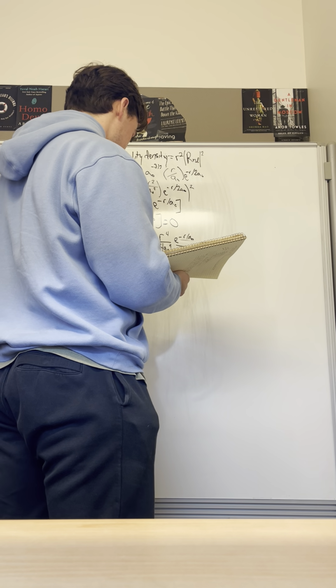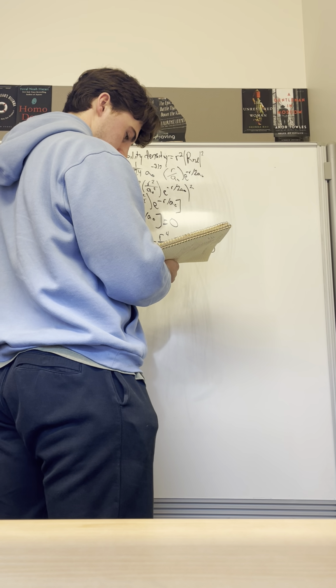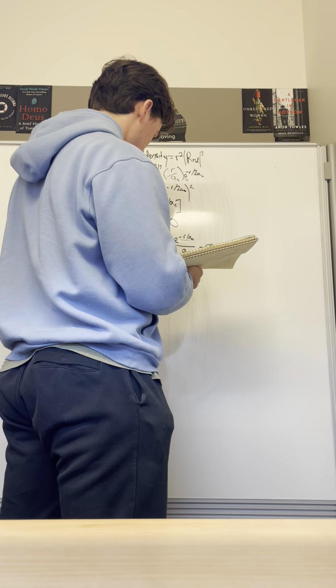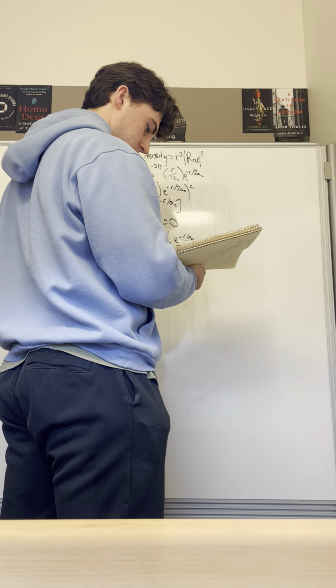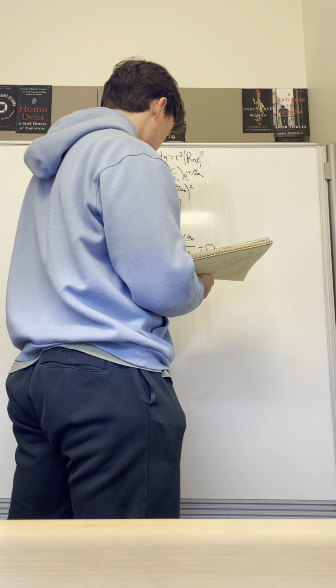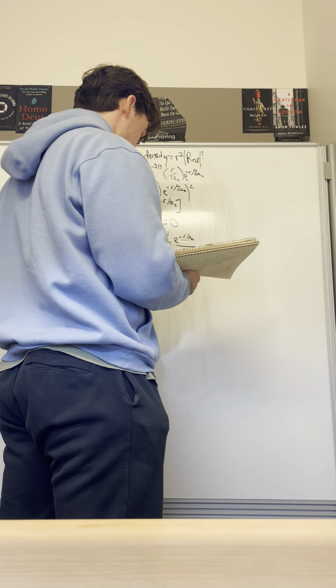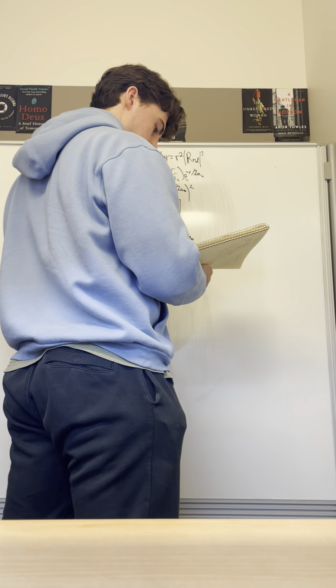We finish with r cubed over 6 a naught to the 5th, minus r to the 4th times 1 over a naught, equals 0.